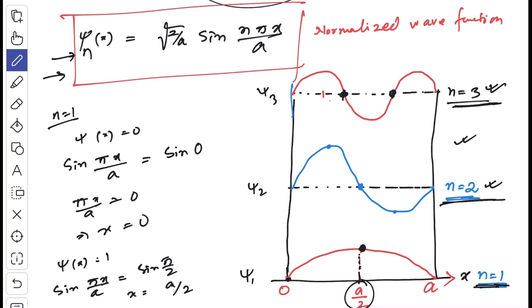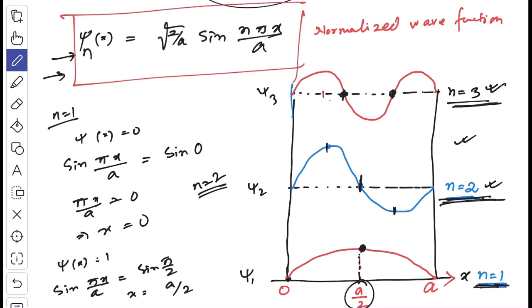Similarly, putting n is equal to 2, we will get the maximum and minimum for the first excited state. These points are called nodes. Remember, this point is a node, and these two points are antinodes. Okay, so remember that.